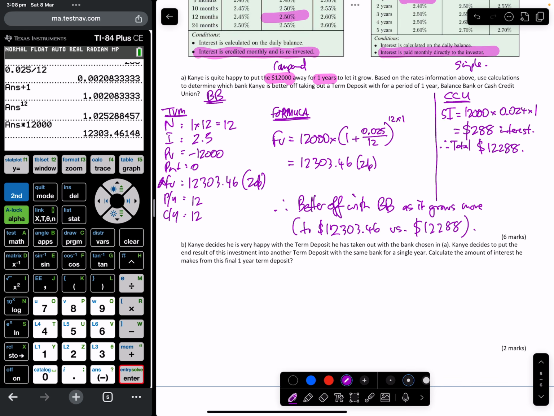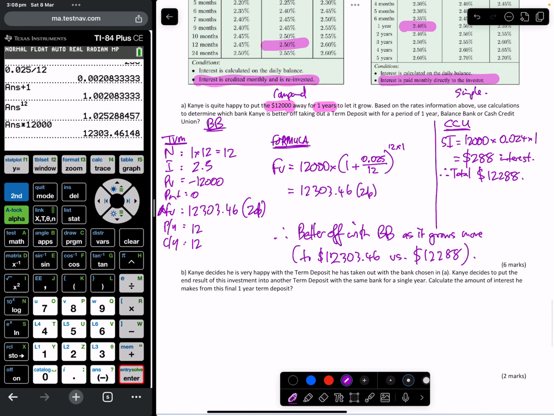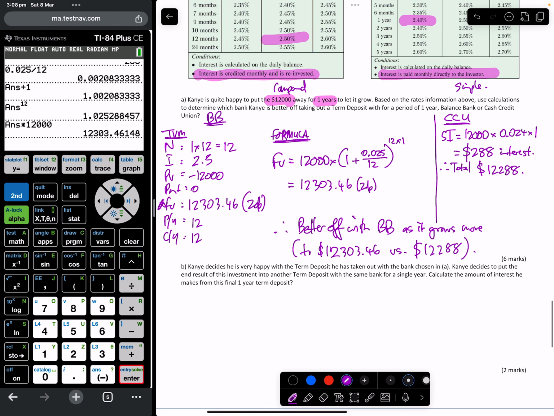Kanye decides he's very happy with the term deposit he's taken out with the bank chosen in A. Kanye decides to put the end result of this investment into another term deposit with the same bank for a single year.